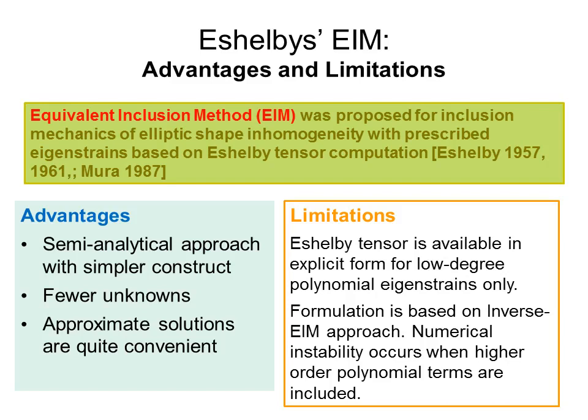However, when the eigenstrains are polynomial, there is a problem of convergence, and also to reconstruct the polynomial eigenstrains, the formulation is an inverse formulation, and there is a numerical instability when higher terms are included.